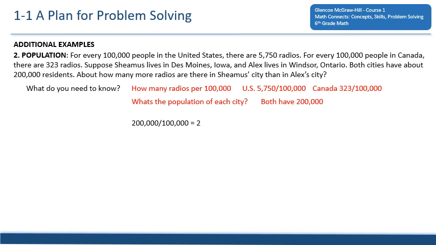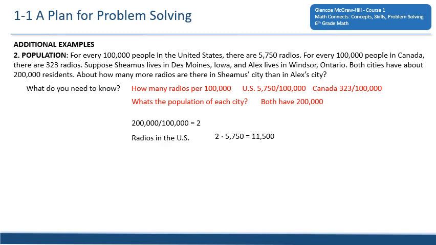So 200,000 divided by 100,000 equals 2. So we're dividing by 100,000 because that's the ratio they gave us, the number of radios per 100,000, so we want to break the population down by that 100,000.